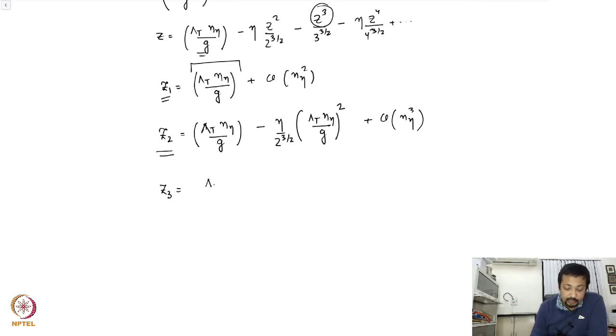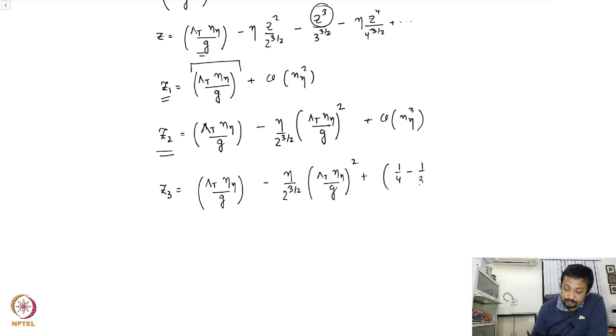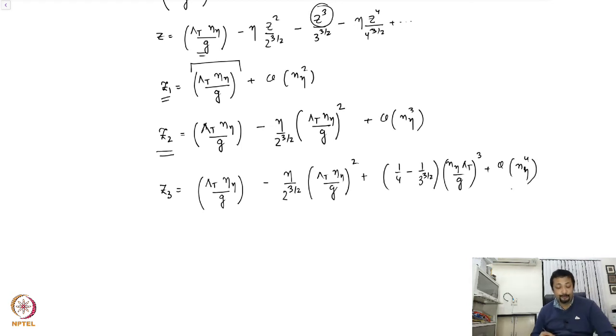And you are going to get the answer as λ_T nη over g minus η raised to the power 2^(3/2) (λ_T nη over g) whole square plus 1/4 minus 3^(3/2) nη (λ_T over g) whole cube, plus order nη raised to the power 4. So this is the perturbative way of evaluating the fugacity z.